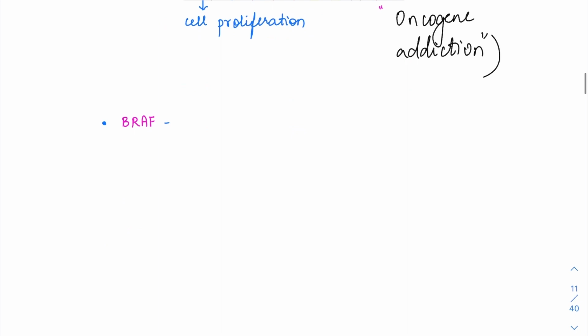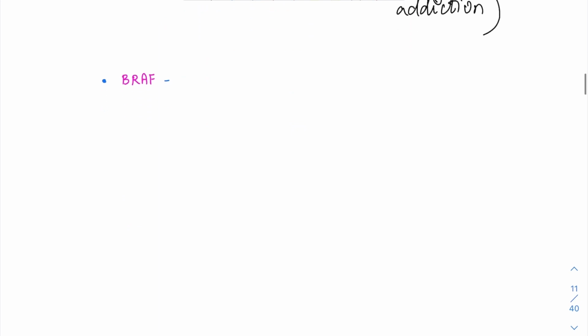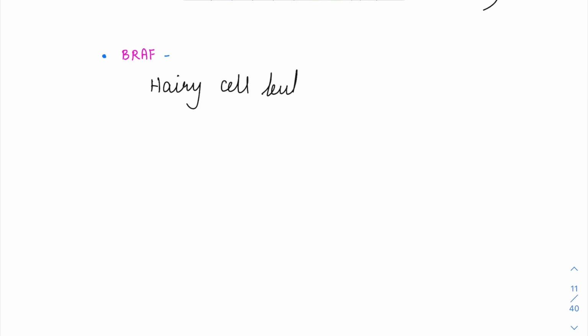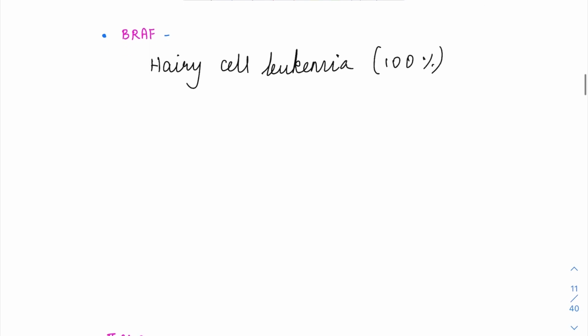So the third signal transduction protein will be BRAF. BRAF is again an oncogene. We have seen BRAF mutation many a time. So let's list the examples of BRAF mutations. Firstly, we saw it in hairy cell leukemia. In hairy cell leukemia, you are going to have 100% of this BRAF V600E mutation. Then we have nevi.